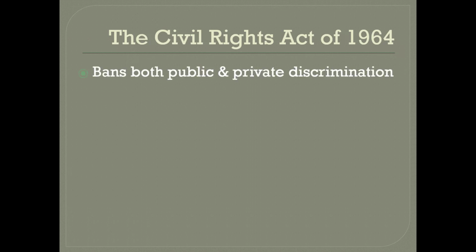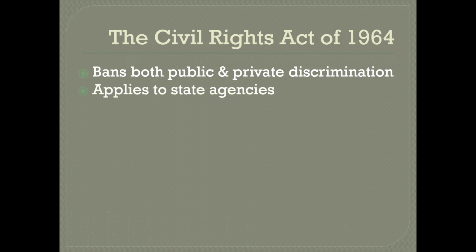Almost 100 years after the passage of the Civil Rights Act of 1875, Congress did it again. They passed a new Civil Rights Act, the Civil Rights Act of 1964, which banned racial and gender discrimination in both the public and private spheres. So although it did apply to public discrimination, it also applied to private discrimination.